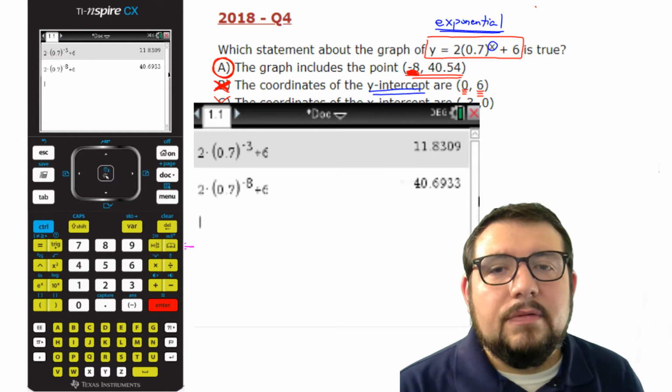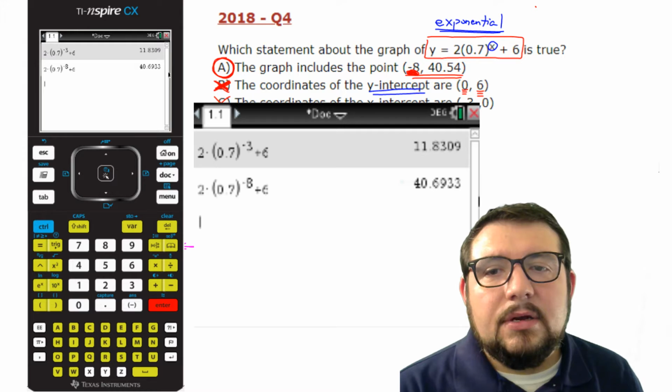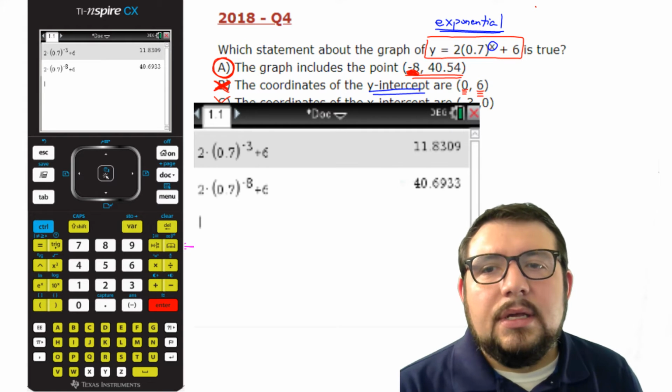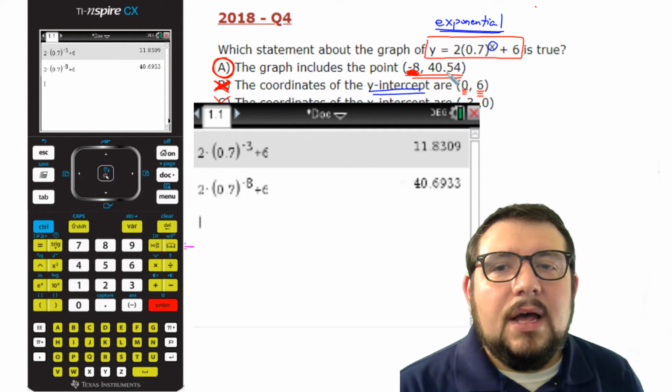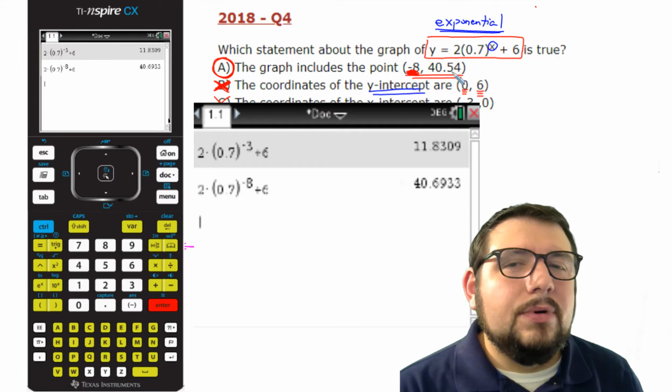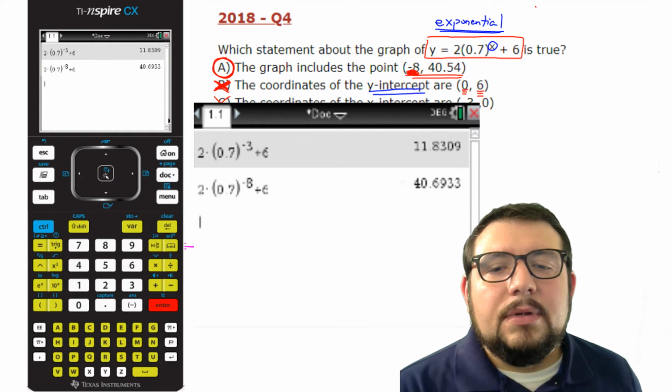This one was totally incorrect, so I think A is going to be the correct answer. There may be some kind of rounding error. On the STAAR you might see it as 40.7 probably, but there's some kind of rounding error occurring there.